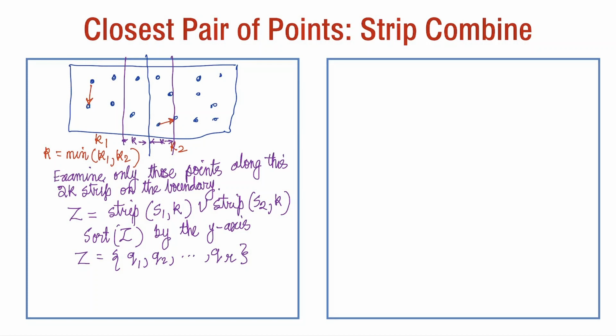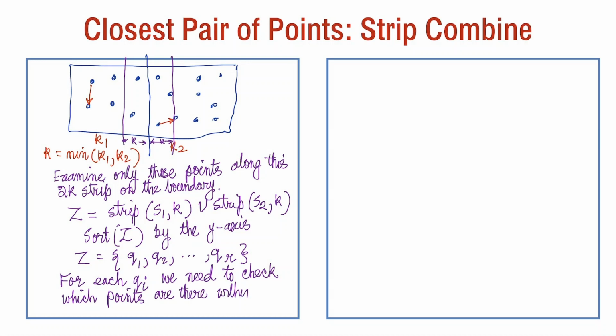We need to check for each Qi which points are there within K distance, and if so, find the minimum.